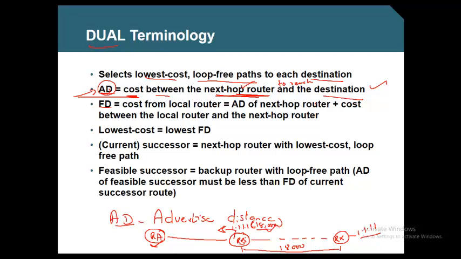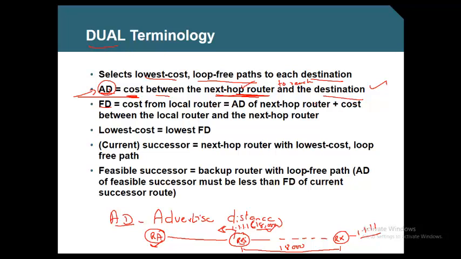Router A is getting advertisement saying router X is this much distance from router B. Router A is getting an advertisement from router B saying, for me, it is 18,000. Got it.